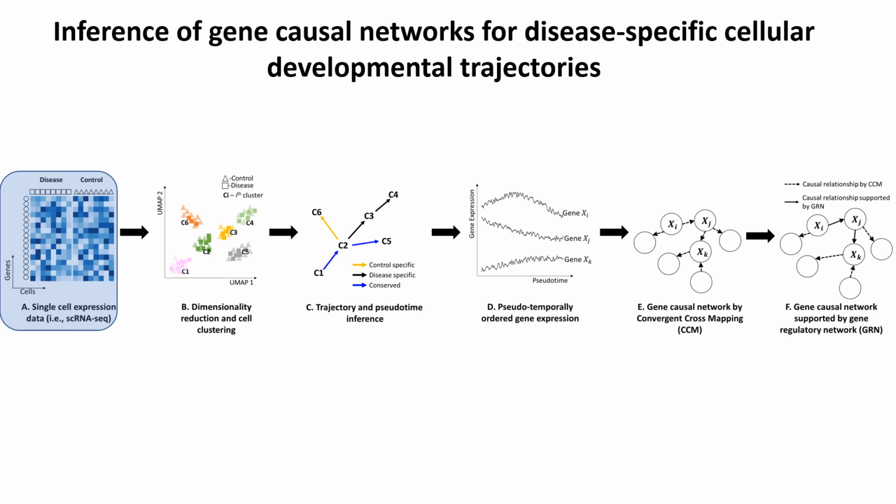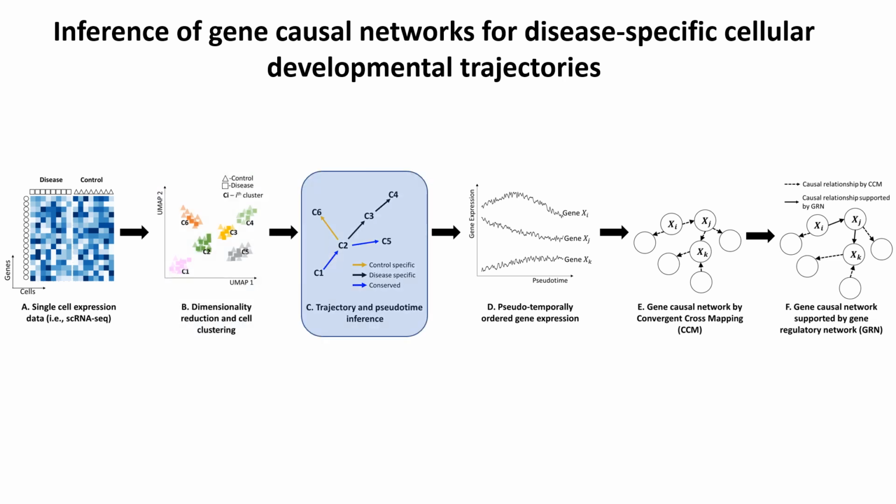So this is the computational pipeline that we are using. First, we start with single cell expression data, or in this case, scRNA-seq data for disease and control samples to initiate our pipeline. Then we use nonlinear dimensional reduction and cell clustering to group these control and disease cells to specific clusters.